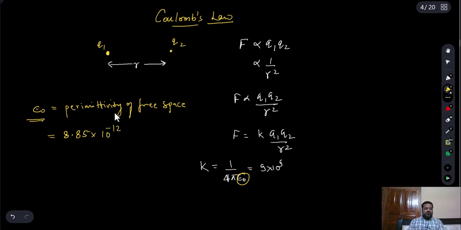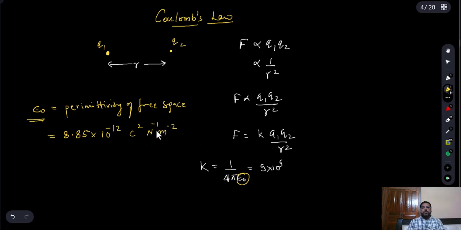You can derive the unit from here, which is Coulomb squared per Newton meter squared. It is quite easy, not a tough task to find out.